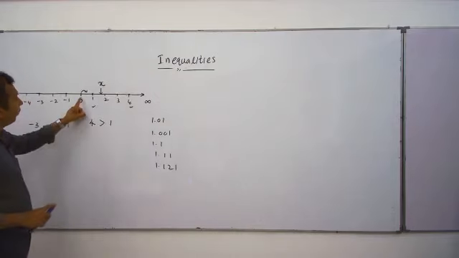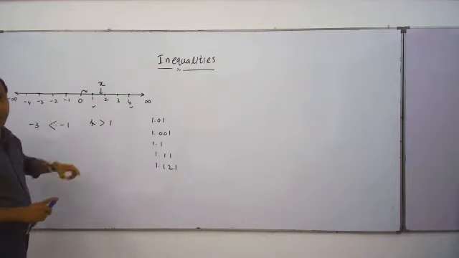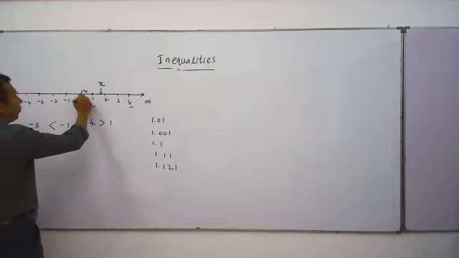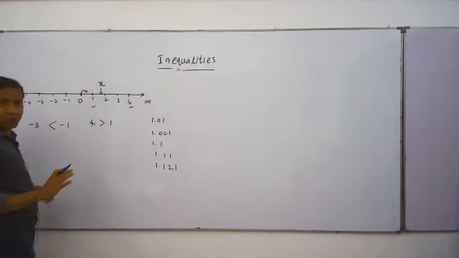Now I am going to consider any real number x, which is on the right of 0. Obviously this x is positive, because x lies on the right of 0.